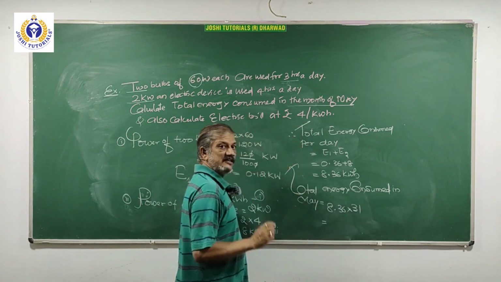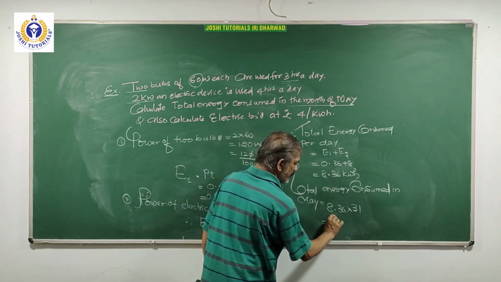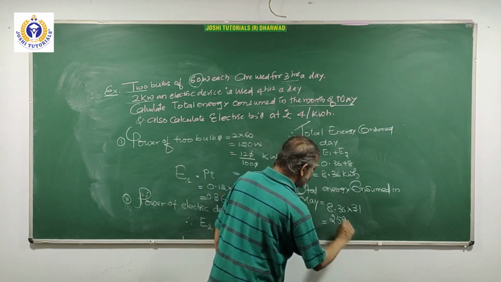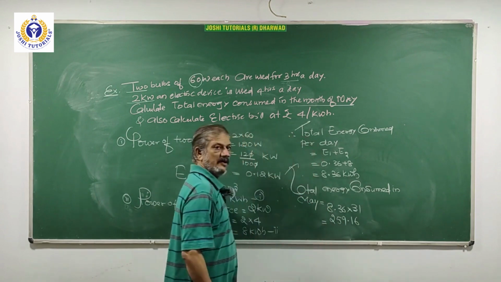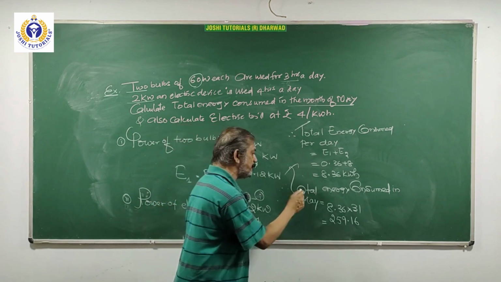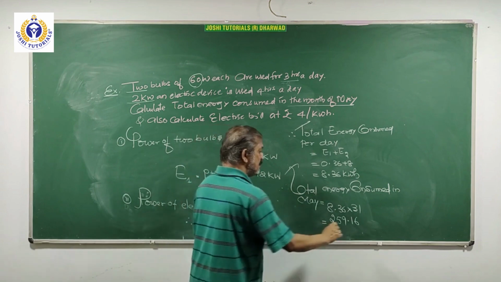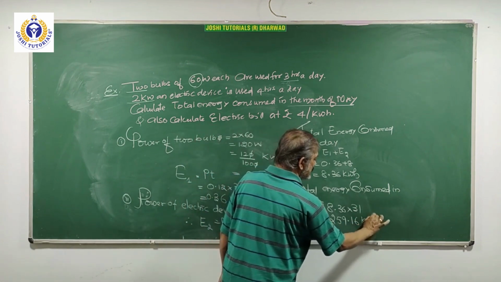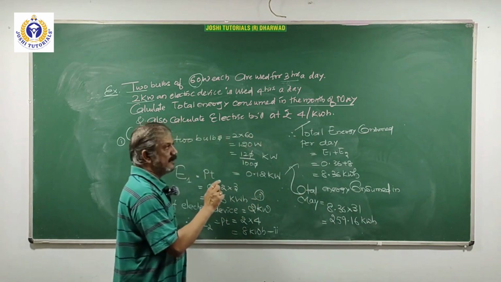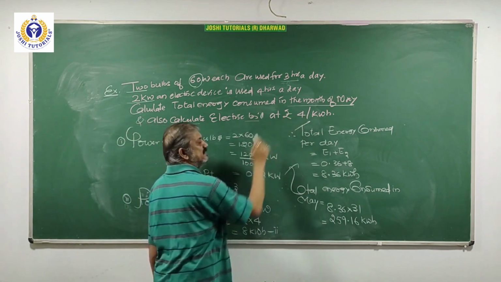Here we have to calculate. Total energy consumed in the month of May equals 8.36 into 31. That is 259.16. It is kilowatt hour. You have used this much. Further, they have asked the question, calculate electric bill at rupees this.